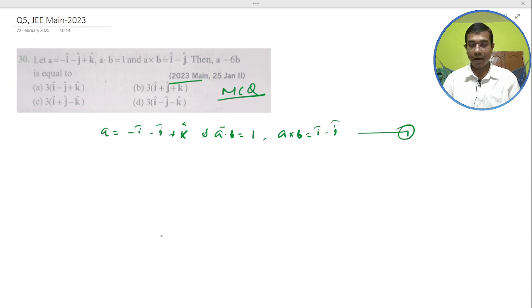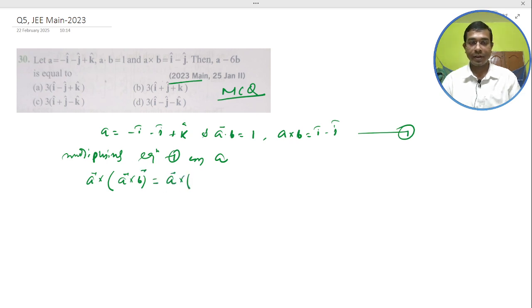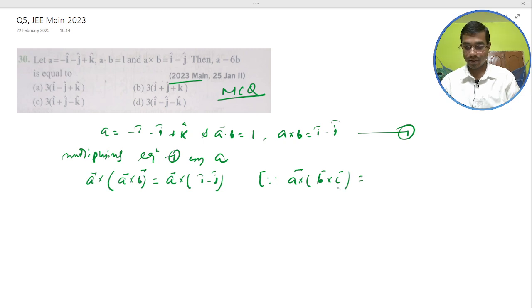Multiply equation 1 by A. Multiplying equation 1 by A, that means A × (A × B) is nothing but A × (i minus j). A × (B × C) is equal to (A·C)B minus (A·B)C.